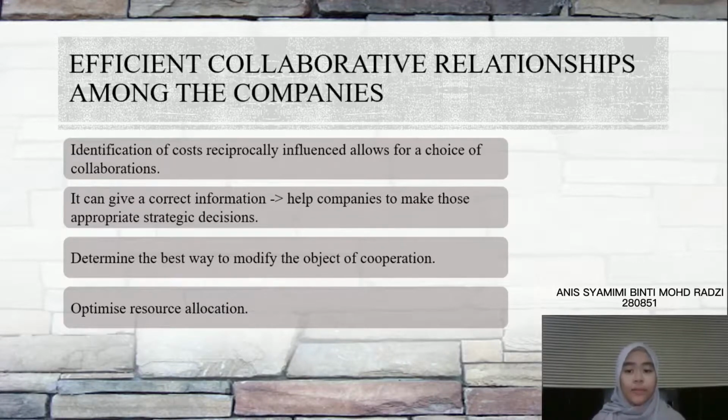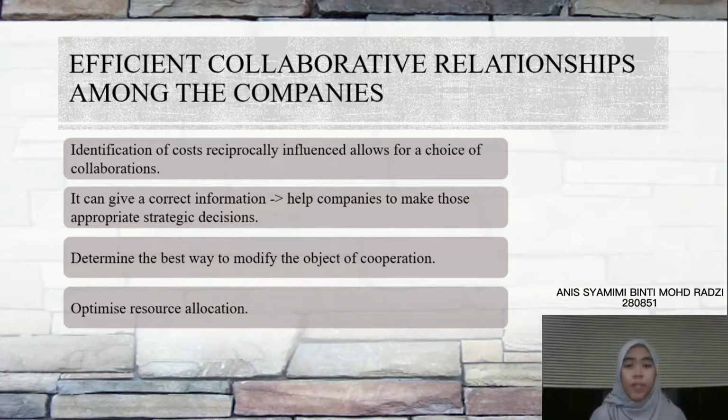The second advantage of the activity-based costing system to the logistics industry is an efficient collaborative relationship among the companies. The activity-based costing system permits the planning of efficient collaborative relationships among the companies in the supply chain. The identification of costs that reciprocally influence each other allows for a choice of a collaboration method which is more competitive for the whole partnership.